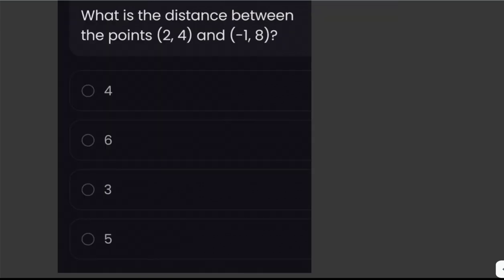What is the distance between the points (2, 4) and (-1, 8)? Now we're given here 2 points. So to find the distance between 2 points, we can calculate the distance in terms of x and y. That means we just have to subtract the values of the x's and the values of the y's.